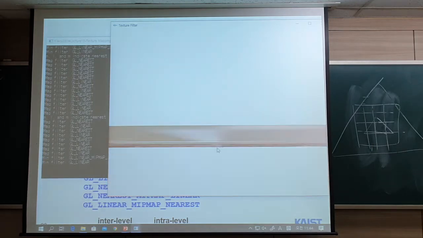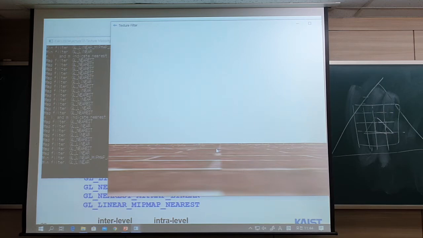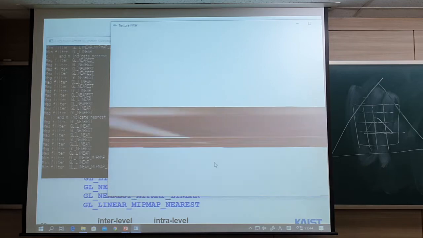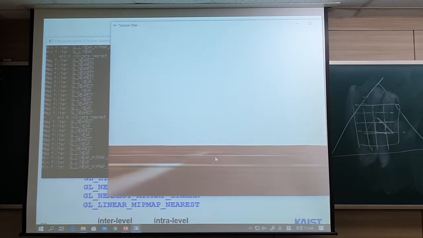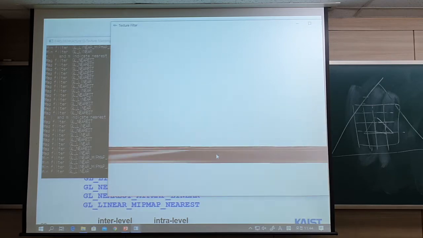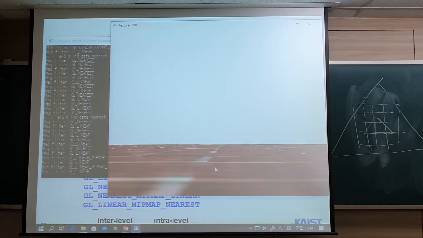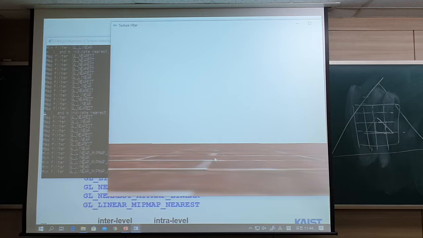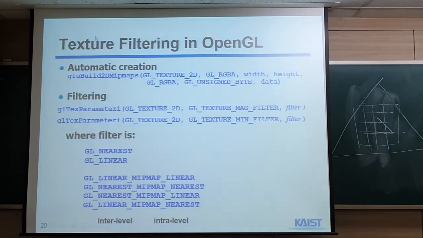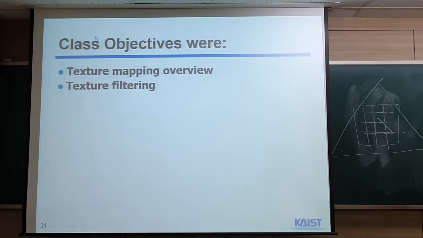It looks very odd for this region. But when I use linear mipmap, then you can see that the color changes very smoothly, right? It looks better. This is bad. Here I don't use mipmap. I use mipmap and it looks better in this region, right? That's the main benefit of using the mipmap.